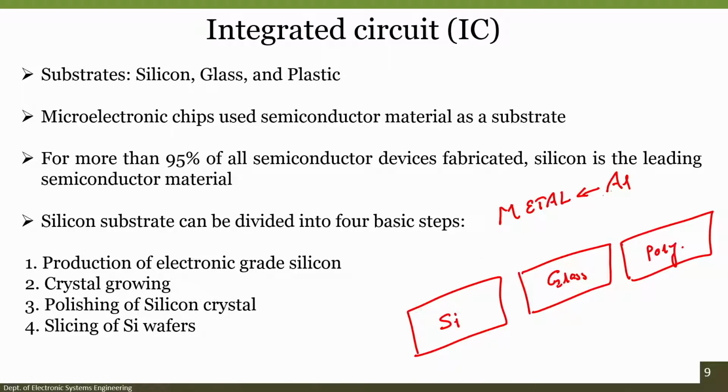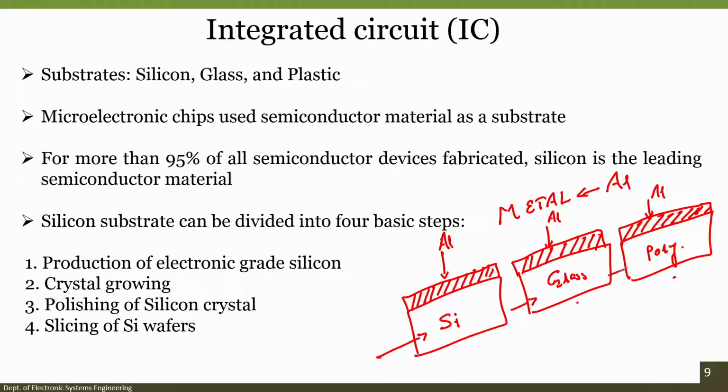Now, if I deposit aluminum directly on silicon like this, and in the same way I deposit aluminum on glass and on polymer, then in this case silicon, glass and polymer become the substrate, because it is the base material on which you are depositing metal.